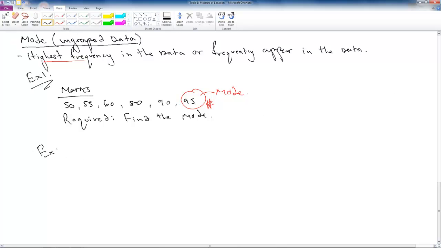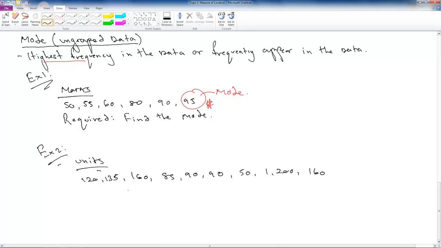Now let's move on to example 2. Units: 120, 135, 160, 85, 90, 90, 50, 1200 and 160 again.